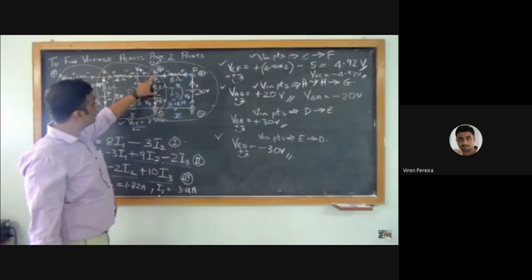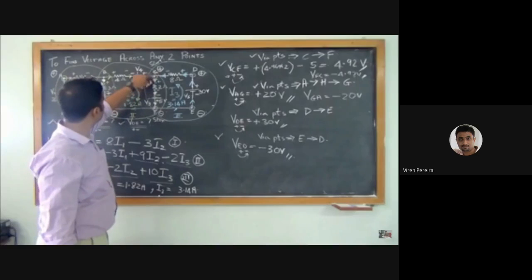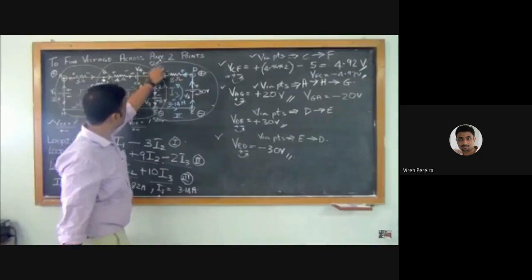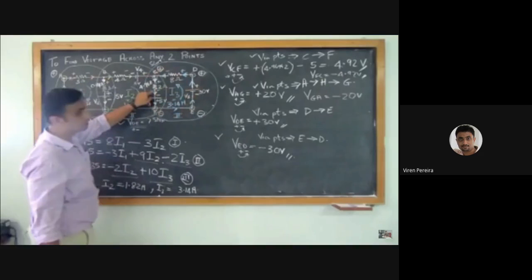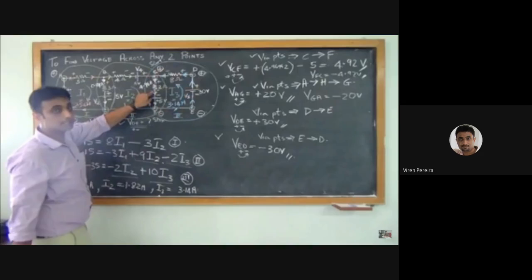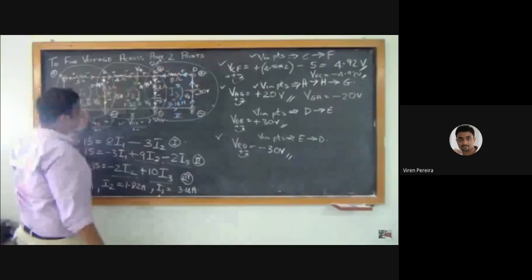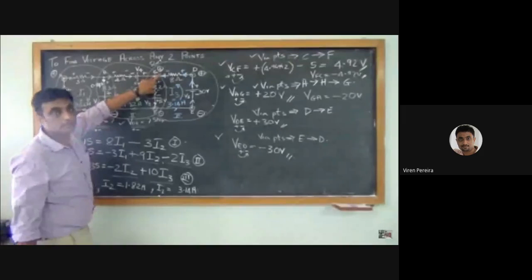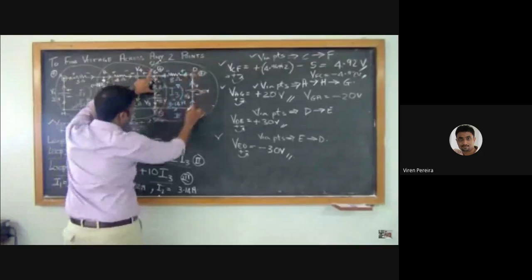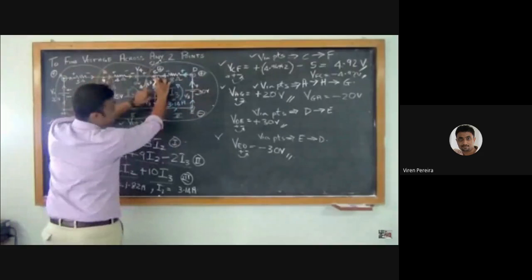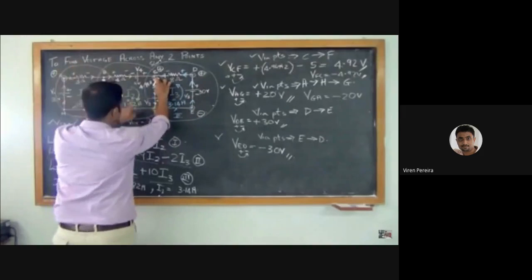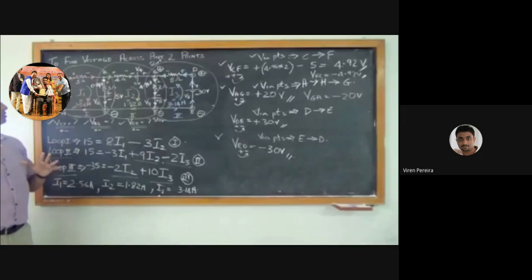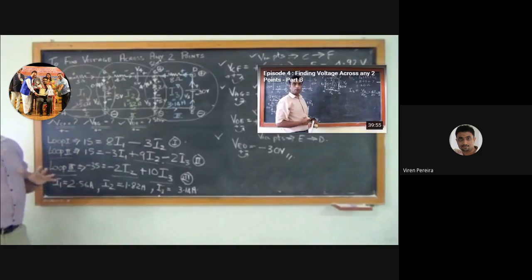V equals to I into R. But I can even find the voltage across this, which will give me the same, and the voltage across this, which will also give me the same. So it is across these 2 points. This will give me the same voltage, but this will give me the same voltage. So with this, we can find out the voltage across any two points in a given circuit.